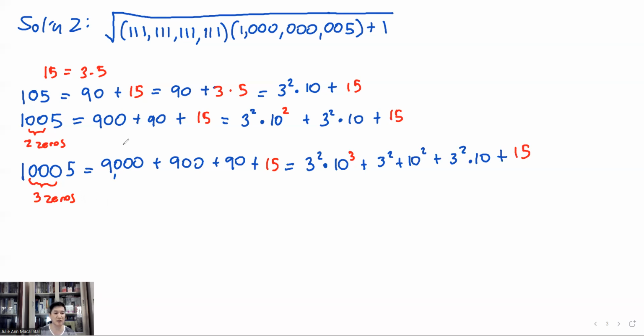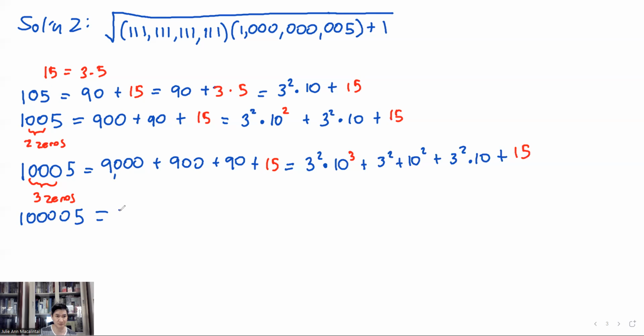I scaled it up one more time. So this will be, I added 4 zeros to make sure of the pattern. 1, 2, 3, 4, 5. And the digit 5.